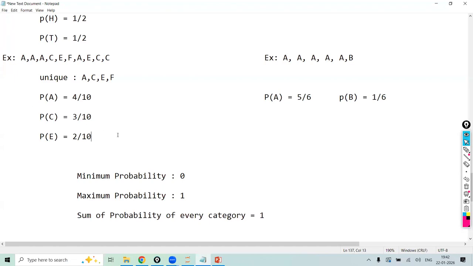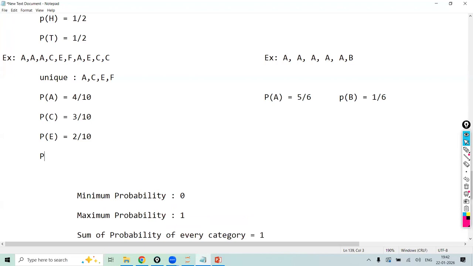If you don't consider one of the categories, then automatically the sum is not going to be 1. Categories mean nothing but unique values. Unique values, we call them categories. So once we calculate the probability for every category or every unique value, and then do the total, the total will be equal to 1. Is the point clear, everyone?